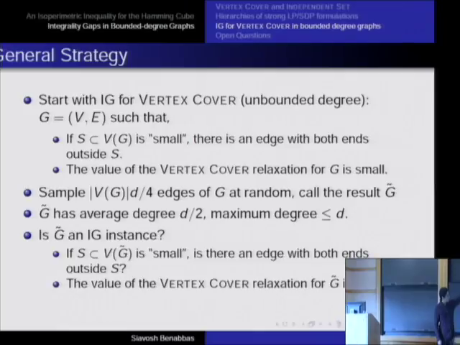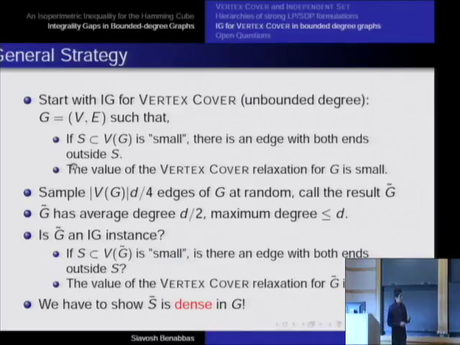If for any small set S in the original graph, you know that there were many edges outside of it, when you do the sampling, chances are you will hit some of these edges. So this edge will appear in the edge set of the sampled graph. So what you have to show is exactly that the complement of such a small set is always dense. So any big set is dense.